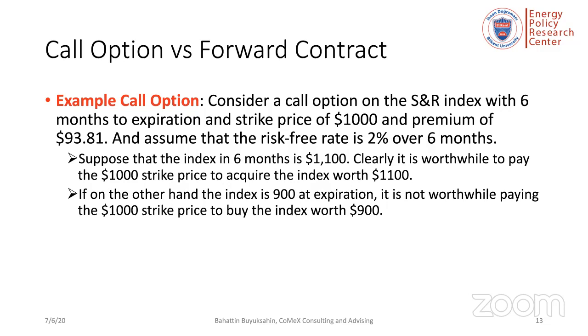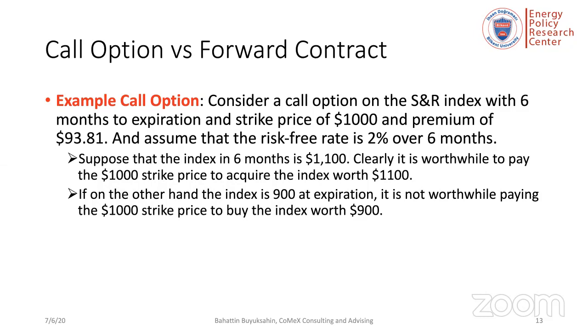Let's consider a call option on the S&P index with 6 months to expiration, a strike price of $1,000 and a premium of 93.81. Let's assume that the risk-free rate is 2% over 6 months. Suppose that the index in 6 months is 1100.